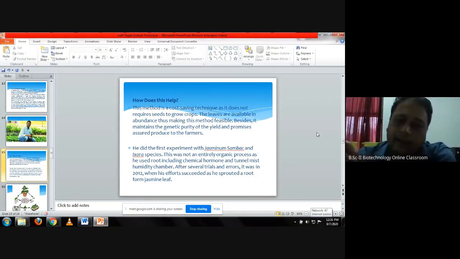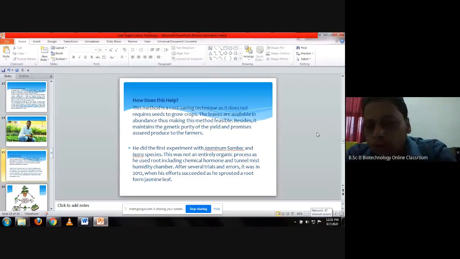Whatever characteristics the parent has, the same characteristics the progeny will get. If you're cultivating vegetatively propagated plants like rose, sugarcane, hibiscus, what do we do? We cut the stem, put it into soil, and it will grow into shoots.